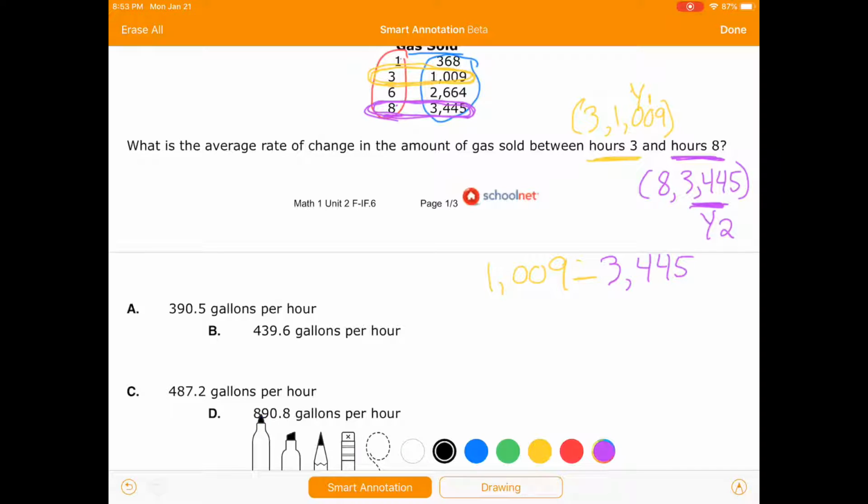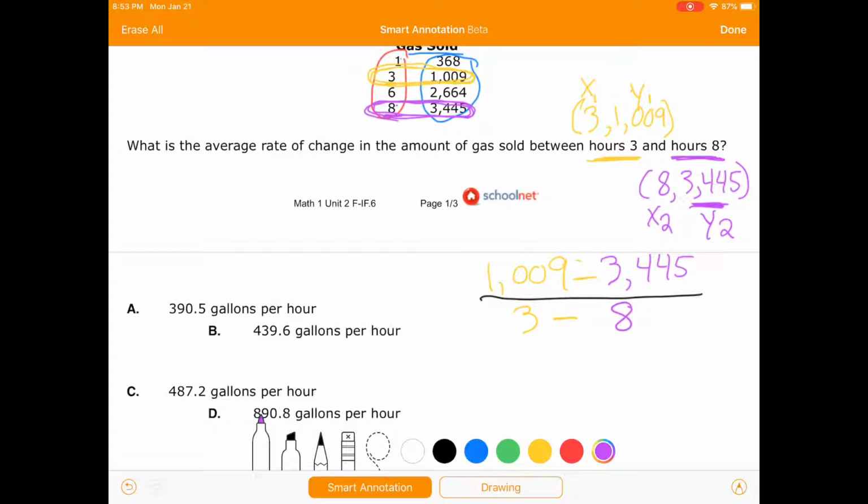Because I chose the order I did, I've got to keep the same order for the X values. So the 3 would be X1, and the 8 would be X2. So they've got to match up. So I've got to put the 3 under the 1009, and I've got to subtract the X2, so that would be 8.